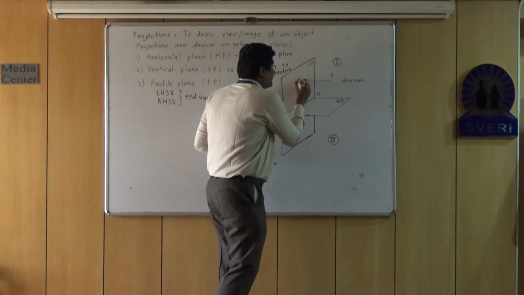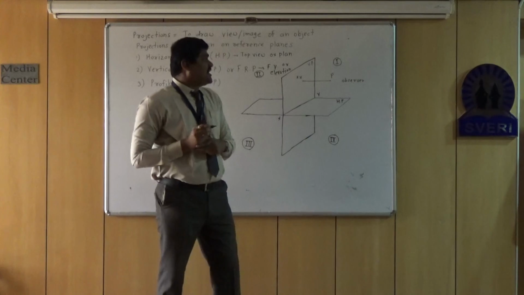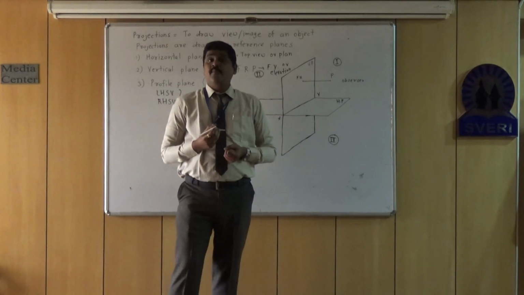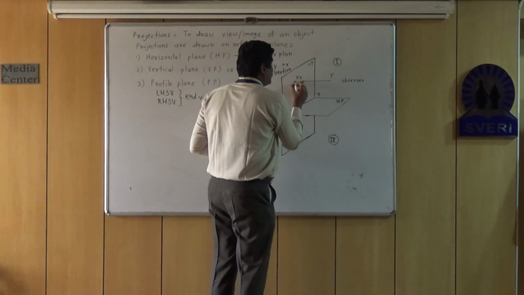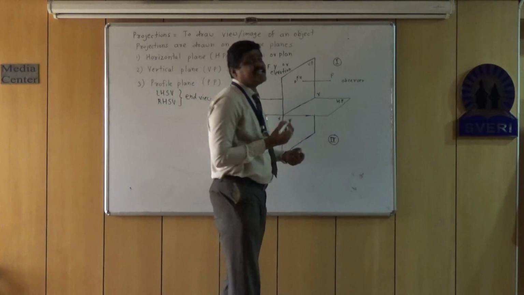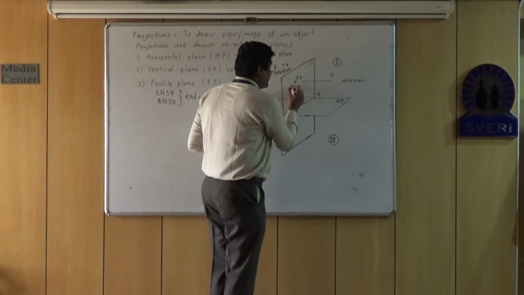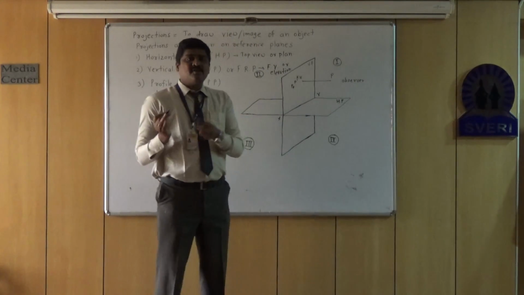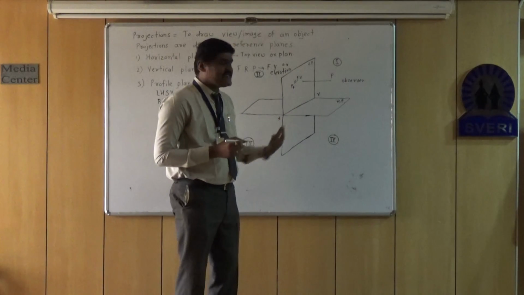This image is called the front view of point P, and it is denoted by P dash. In some other cases it can also be noted as PF, meaning the image of point P in the frontal plane. So we will use the notation P dash.